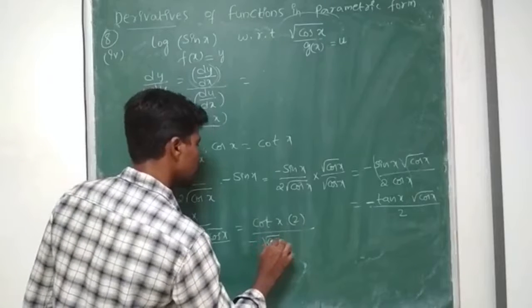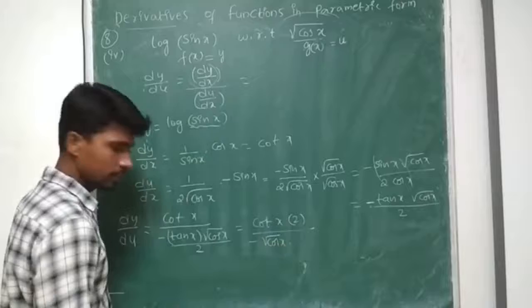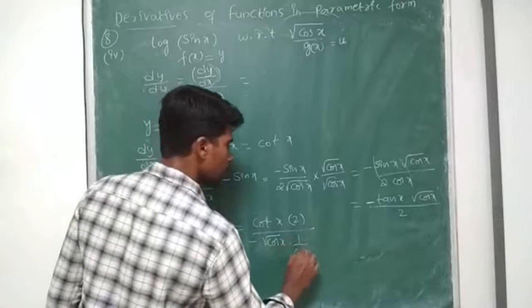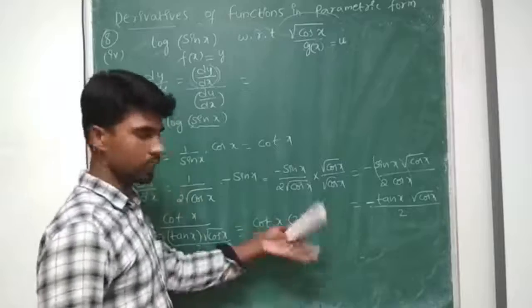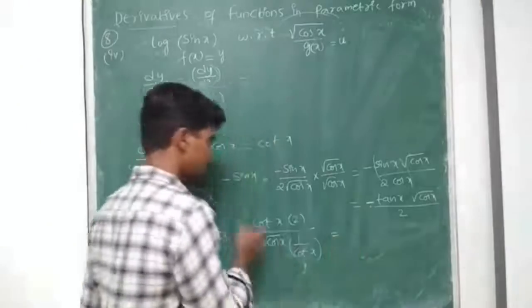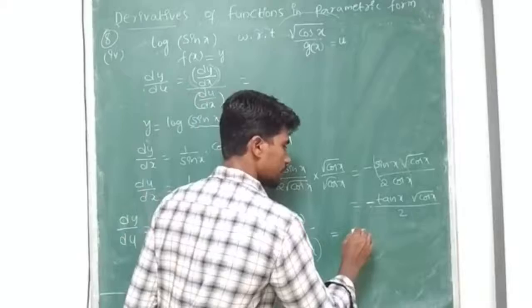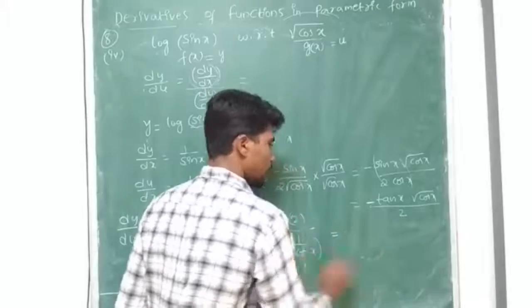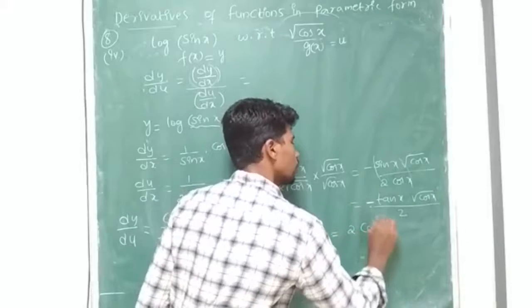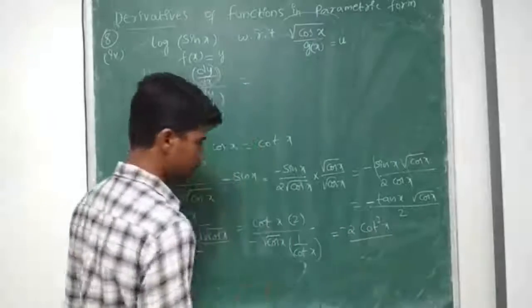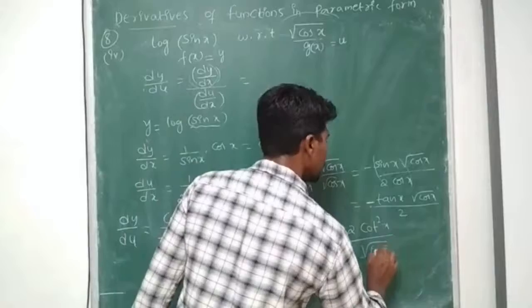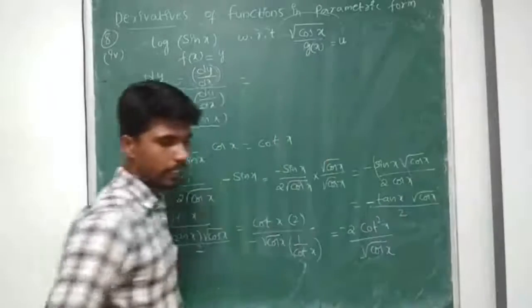minus root cos x into 1 by tan x. So 1 by tan x is cot x, and we get cot x into cot x, which is cot square x. So we have 2 into cot square x, minus, divided by root of cos x.